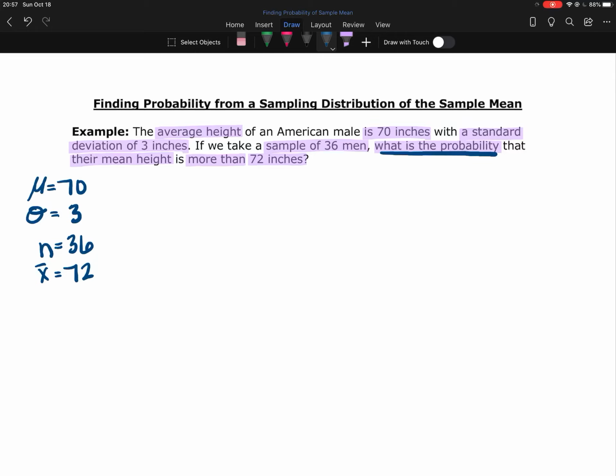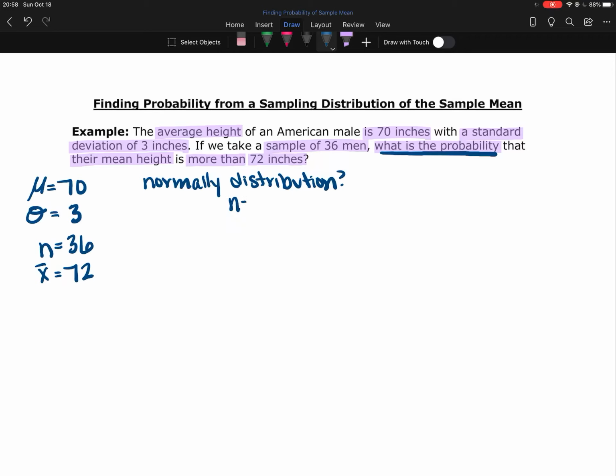The first thing I'm going to want to check is, do I have a normal distribution? If I don't have a normal distribution, I can't find this probability. In order for this to be normally distributed, I need to either see somewhere in the problem that the population is normal, or I need to have a sample size of 30 or more.